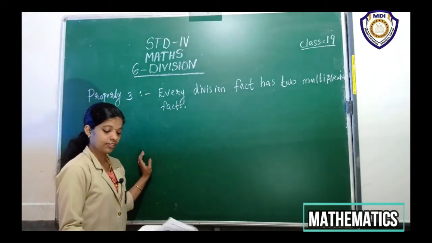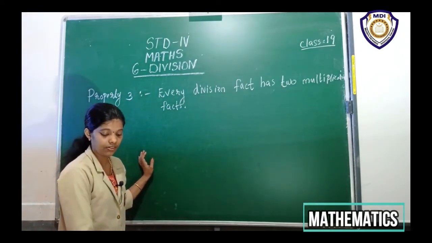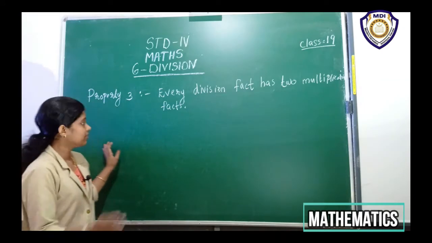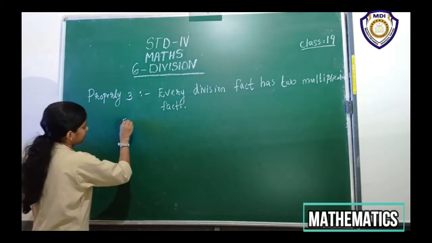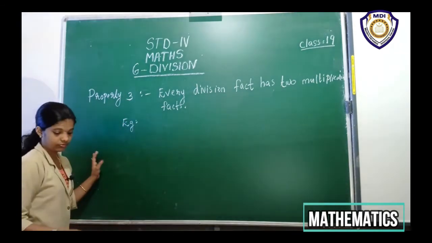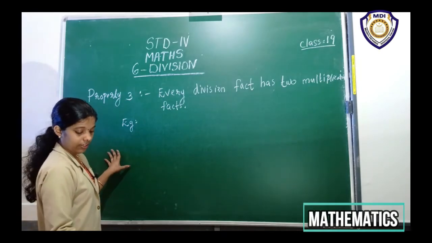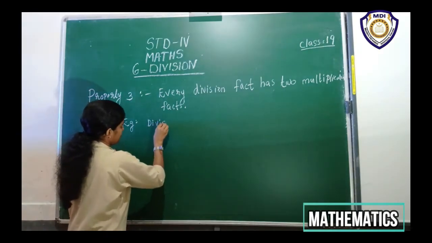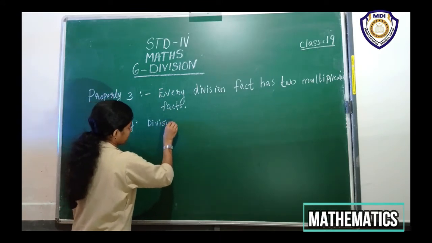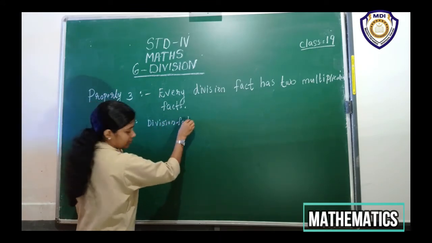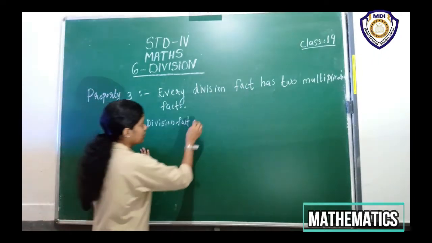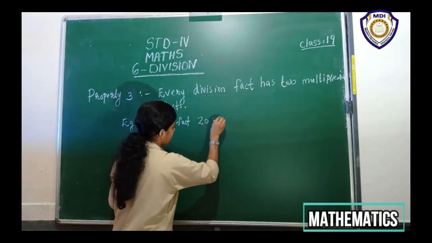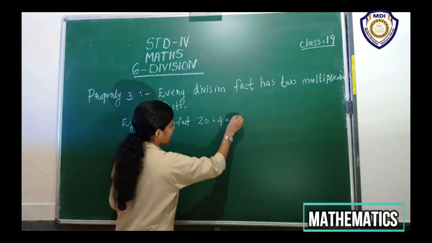Okay, listen here. Example, division fact: 20 divided by 4 equal to 5.